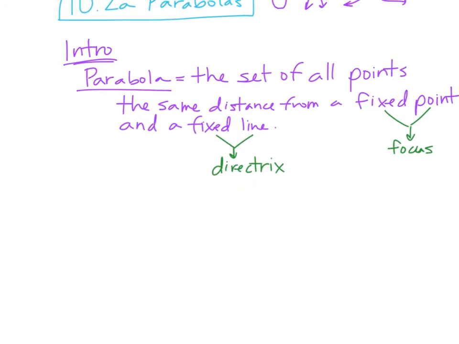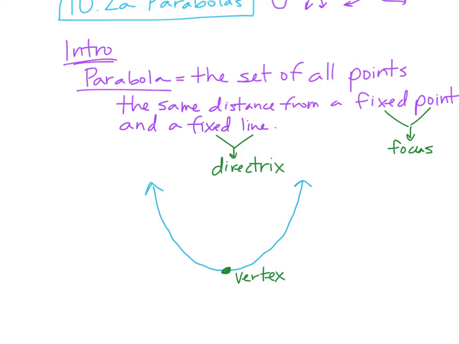This will make more sense the more we do here, but let's just draw a parabola. Let's say we have a parabola that looks like this, right? It's a U-shaped curve. Do you remember what this point on the parabola is called? That is your vertex.